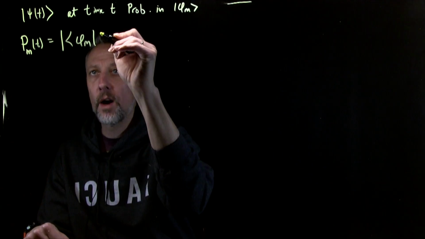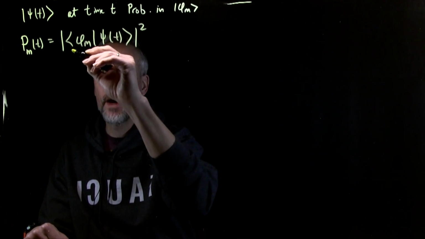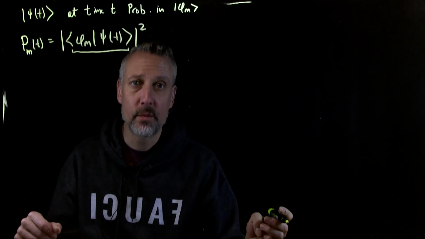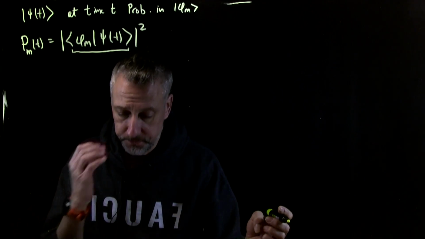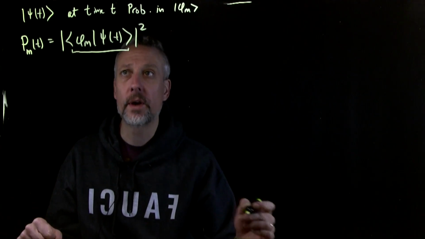This is the scalar product inside, and then we take the square modulus of that to figure out what the probability is. So that's how we define the probability. Okay, so this is straightforward. We know how to calculate all this stuff, so let's just work it out.